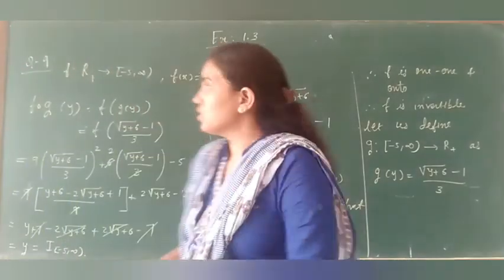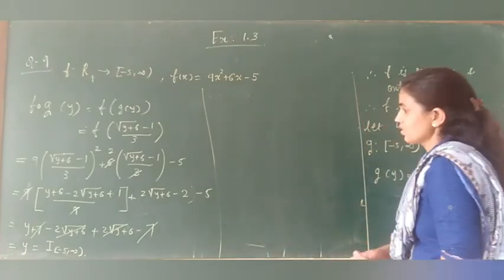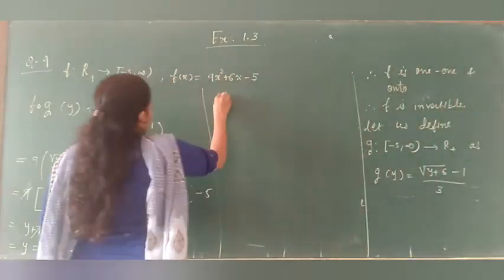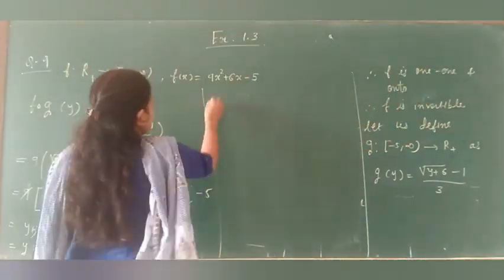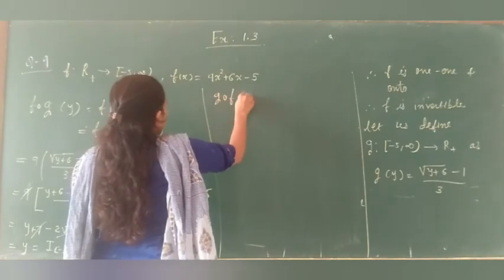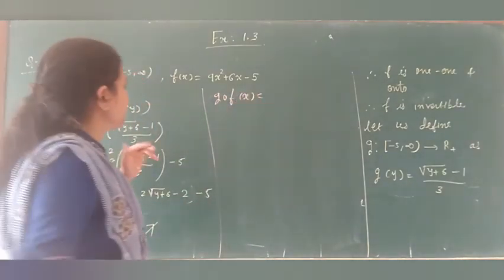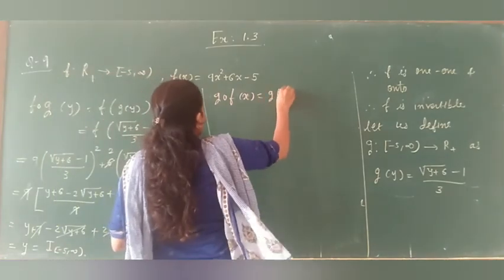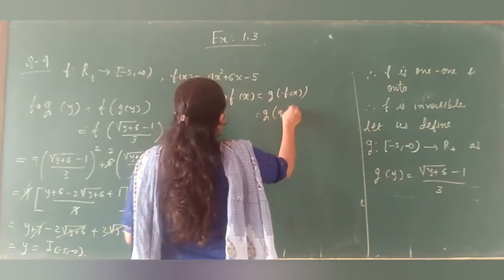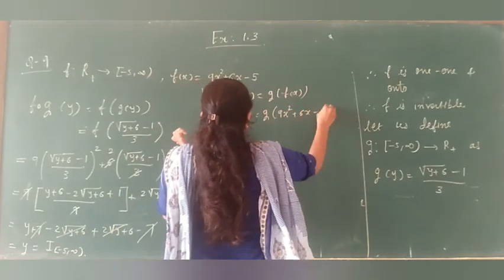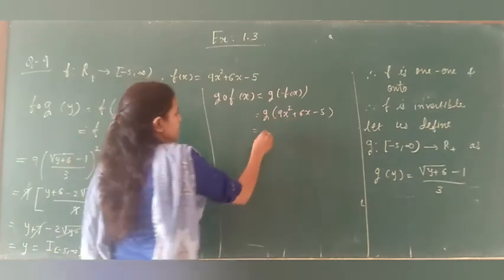Now we have to show g composition of f. g composition of f of x, as f of x is defined, so g of f of x, that means g of 9x square plus 6x minus 5. Now what is g? Under root y plus 6 minus 1 upon 3.